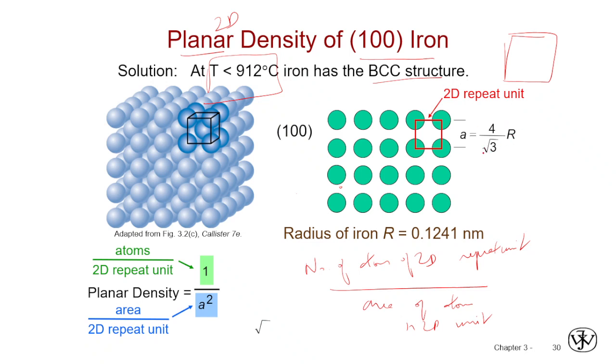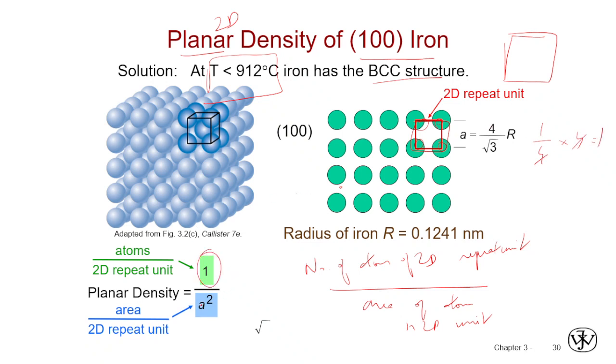From this we can draw a square, which will be our unit cell, and in this unit cell we notice that 4 atoms are covered and a quarter of each atom is covered, right? So it is 1 by 4 into 4. So the number of atoms in this unit cell is exactly 1 atom.